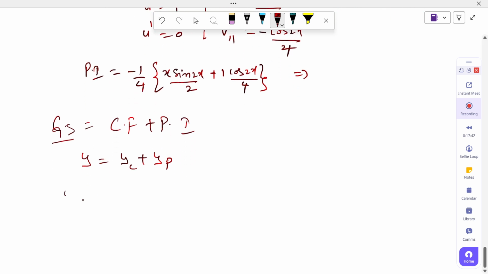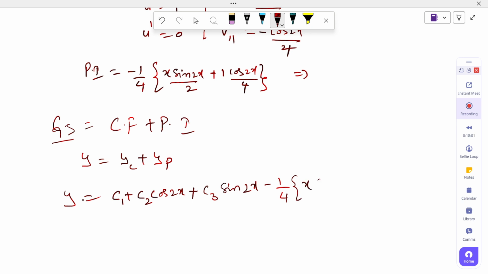Y equals what we got for the complementary function: C1 plus C2 cos 2x plus C3 sin 2x, then minus 1 by 4 of 4 x sin 2x by 2, then plus cos 2x by 4.